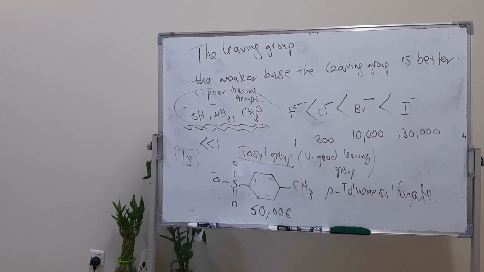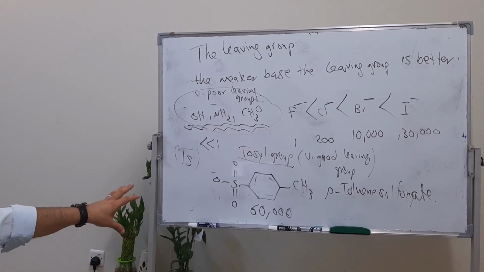Is there any question? Yes, please. What is the rate of reaction used for? What does it tell us? The rate of reaction is like the speed of the reaction, how fast the reaction will go. Here it is just for comparison, to see which reaction is faster than the others, and this gives us an indication about the leaving group, the nucleophilicity strength, and so on.